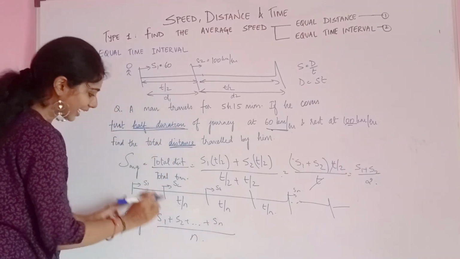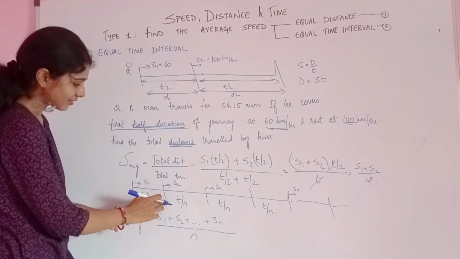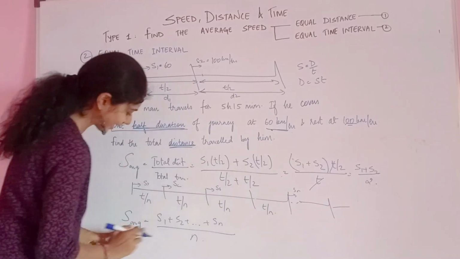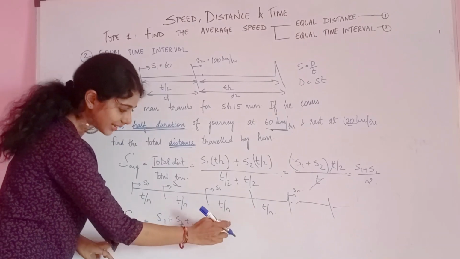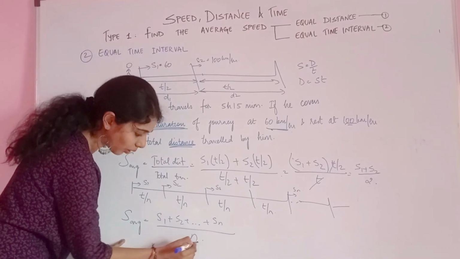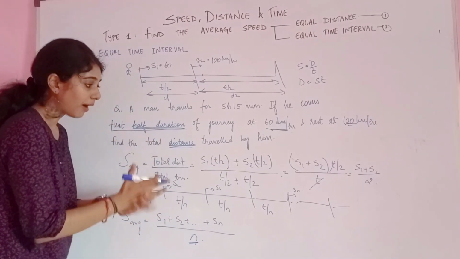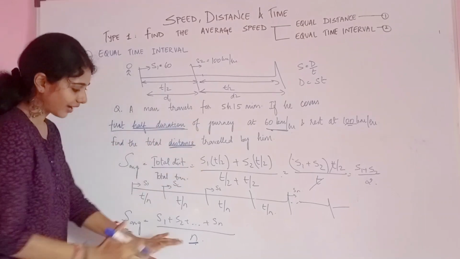So this is for time interval. If the time is divided into n equal intervals, then the S average is S1 plus S2 plus S3 so on till Sn divided by n, where n is the number of parts the entire time is divided into.